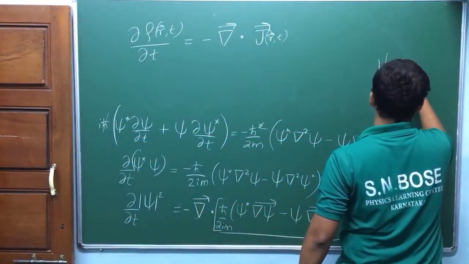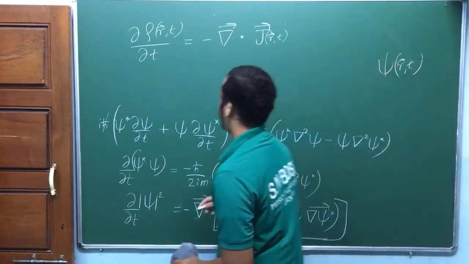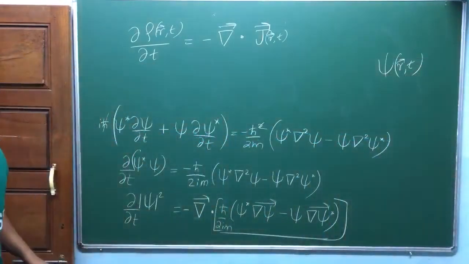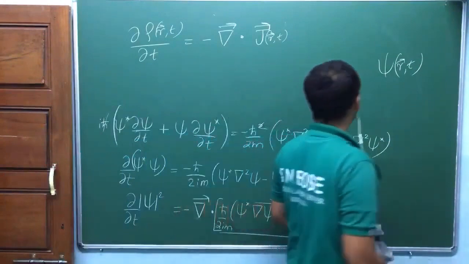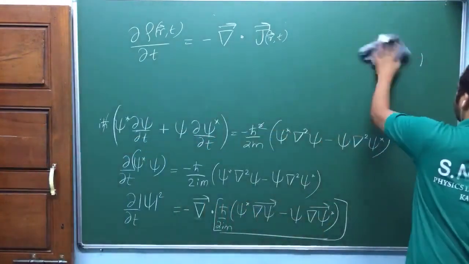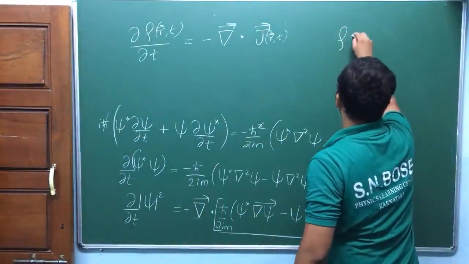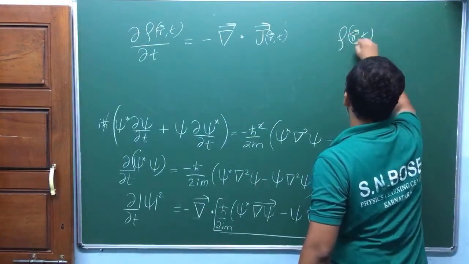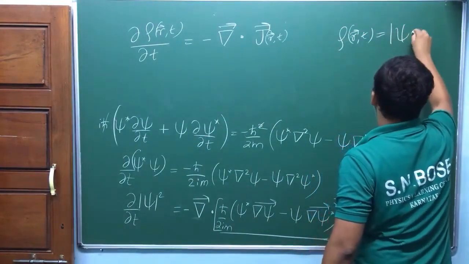Because wave function is a function of r comma t. Remember, I was talking about 3 dimensions. Now, along with this wave function, this ρ of r comma t is what we call probability density. Am I right?